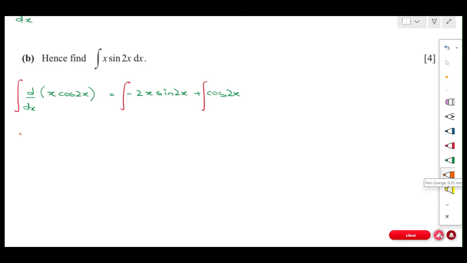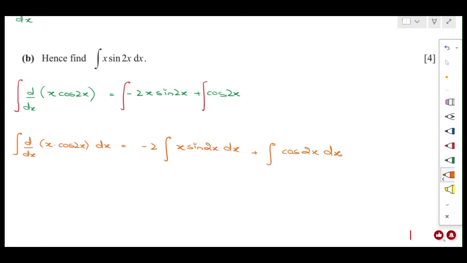Okay, so now integration of d by dx of x cos 2x with respect to dx is equal to negative 2 outside, integration of x sine 2x dx plus integration of cos 2x dx.